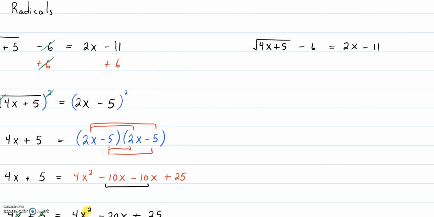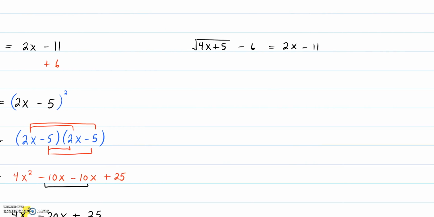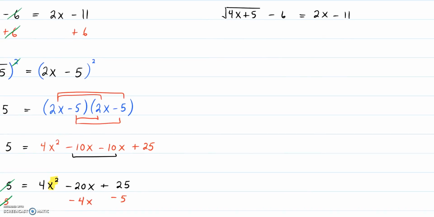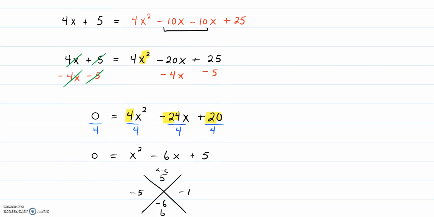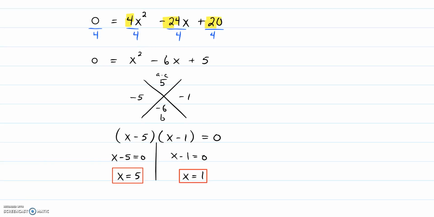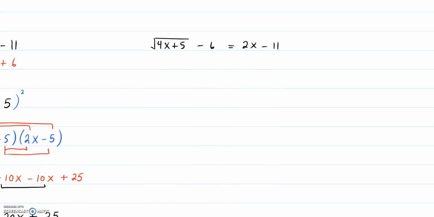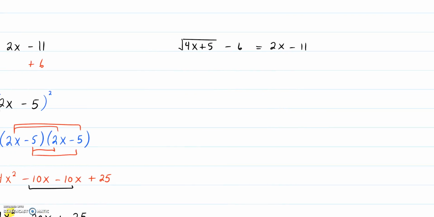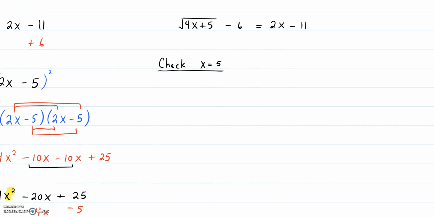What I'm going to do now is check my two solutions that I found. The first solution I'm going to check is x equals 5. What I mean by that is we're simply going to plug 5 into this equation and see if the left side matches the right side.